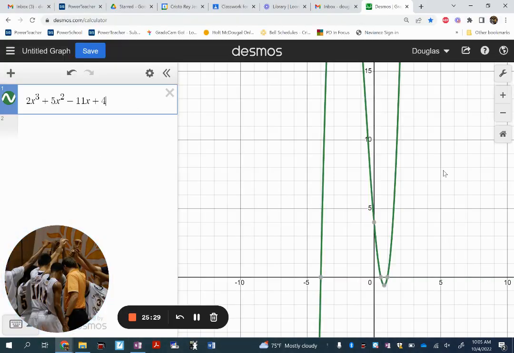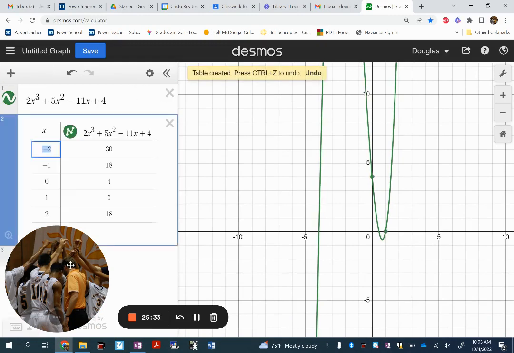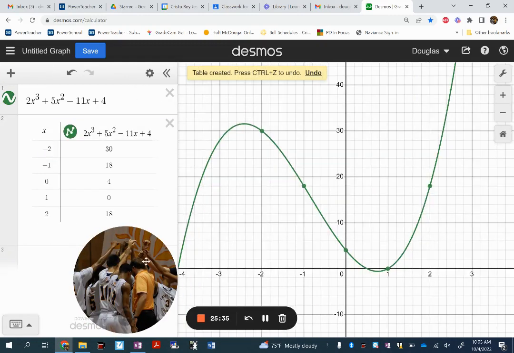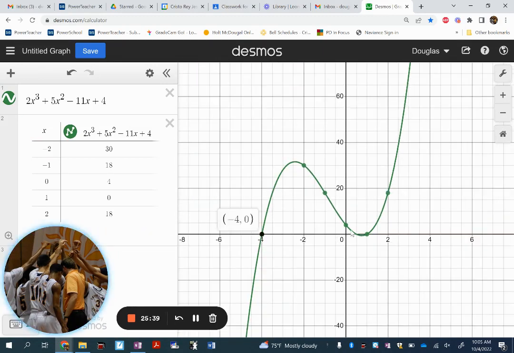All right, and sure enough, let me just do this real quick. Make it a little easier to see. There we go. So you have -4, 1, and 1/2. All right, so there's my 3 solutions.